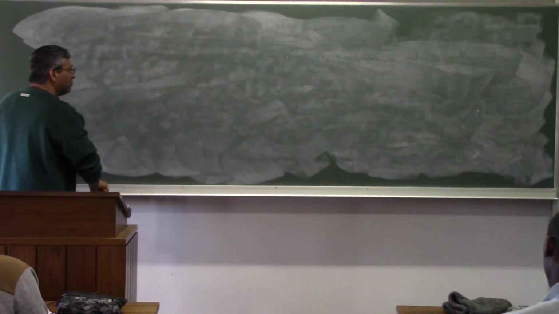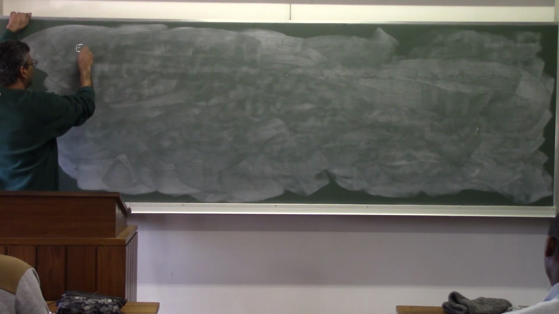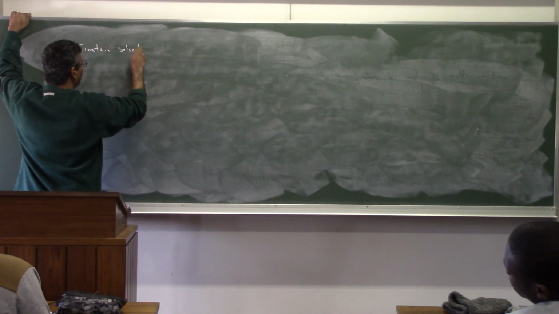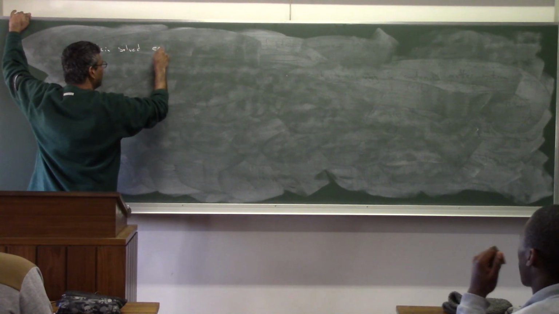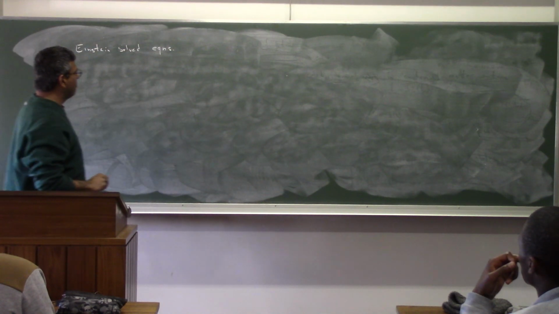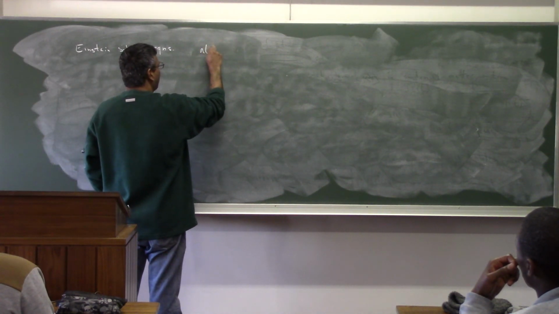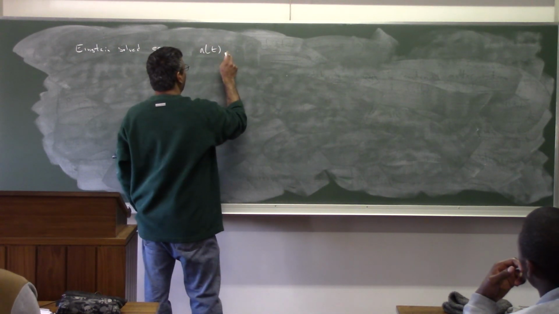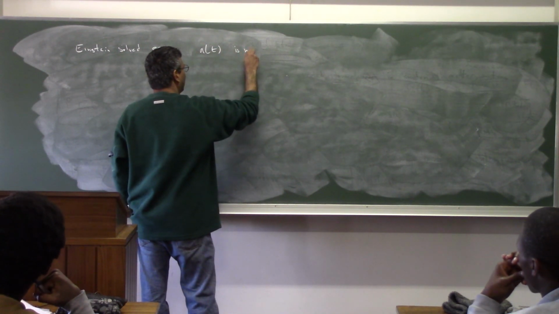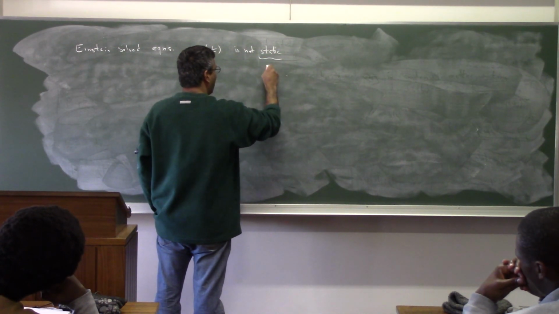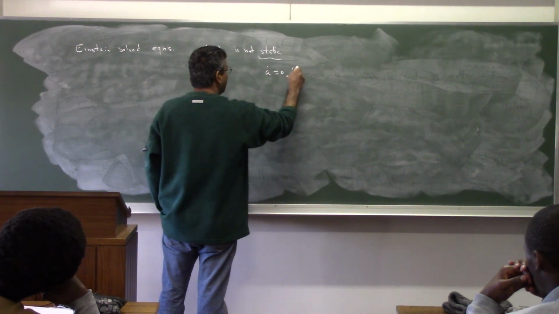So initially, when Einstein solved the eponymous equations, he found that for FRW type universes, A of t is not static. By static, we mean A dot equals 0, and A double dot equals 0.